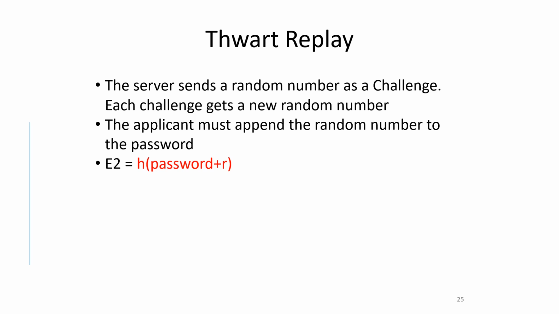That will thwart the replay attack. Because if you tried to log in, I would say, for this random number 17, what's the hash of your password with 17 appended to the end of it? If you didn't know my password, you couldn't do that, and you wouldn't be able to succeed.